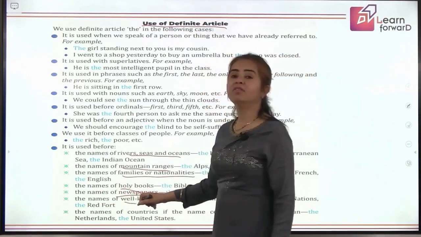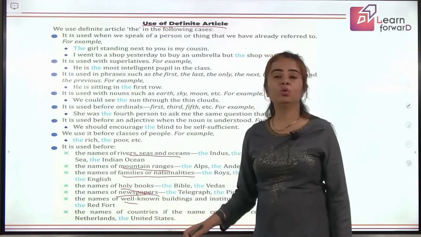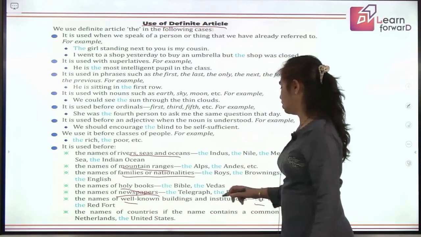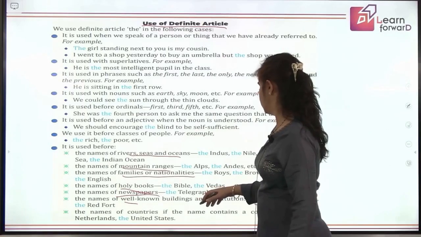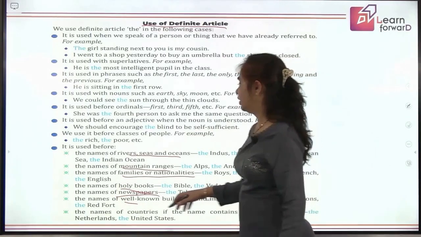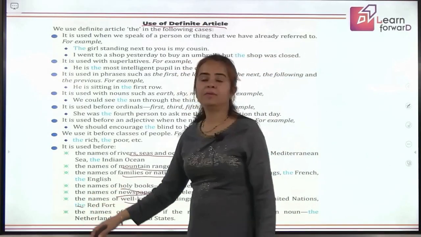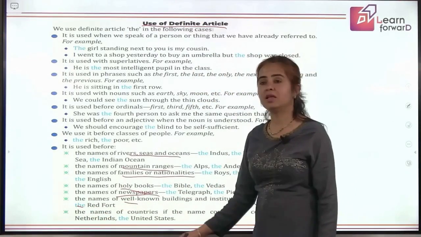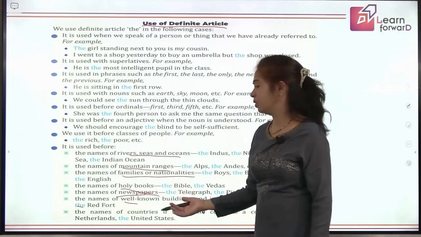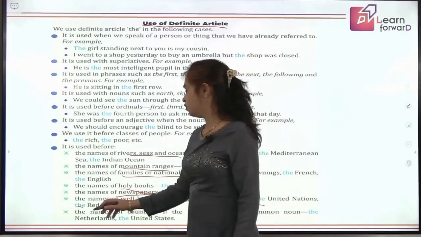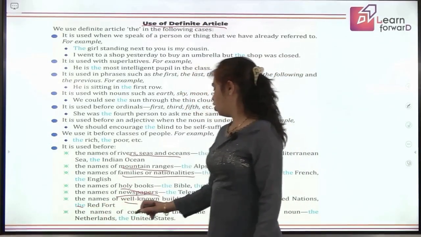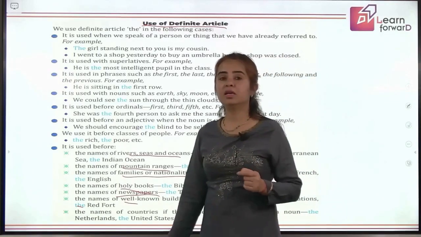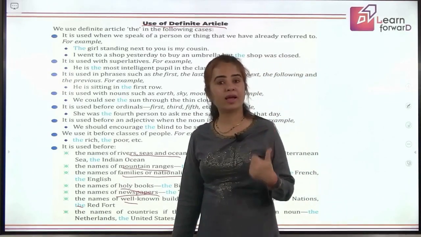Then we have "the" before well-known buildings and monuments, like the Red Fort, the Taj Mahal, right? The White House, the Rashtrapati Bhavan, the Parliament. So these are the monuments before which we use "the". Then the names of countries where we have some common noun in their name, the word union or united in their name.